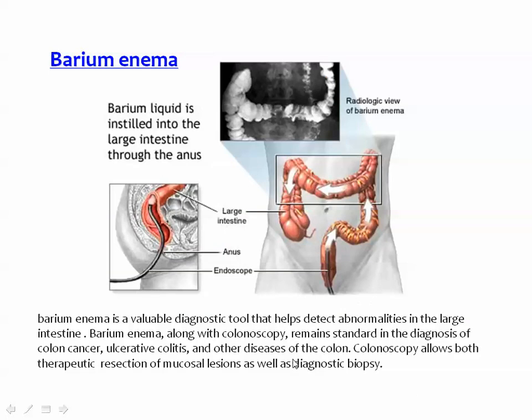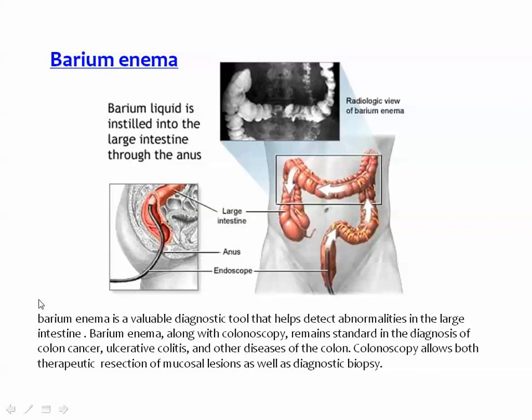You know that the popular examination of the colon is via the barium enema. This was the traditional examination done in the previous days, and may still be used in clinical practice because of its valuable diagnostic effect.